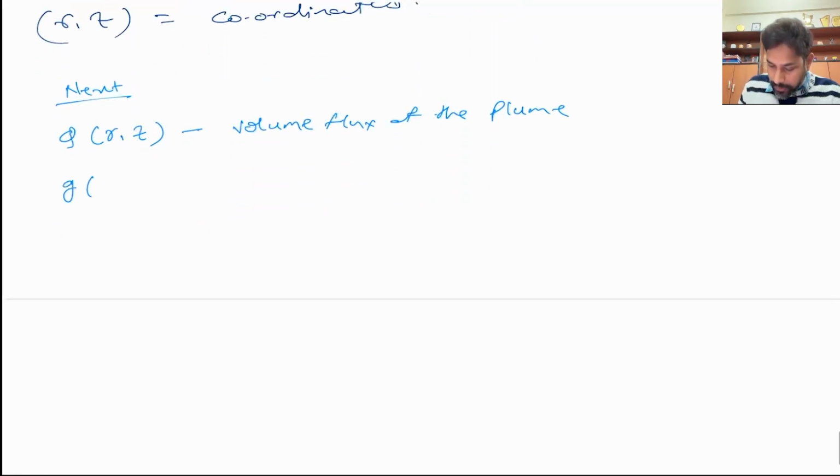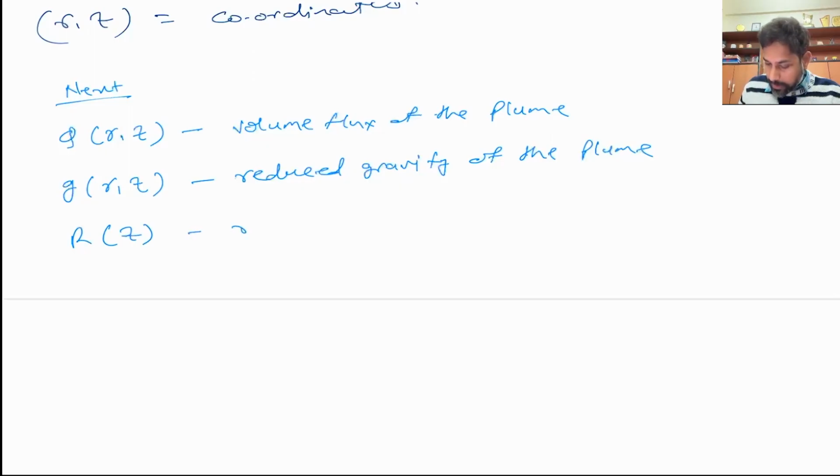Then we will do g prime of r and z, which is the reduced gravity of the plume, and then obviously R, which is the radius of the plume. Okay, and why are we trying to find volume flux and reduced gravity, etc.?